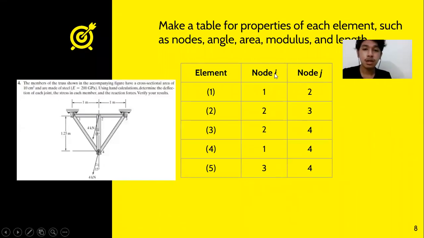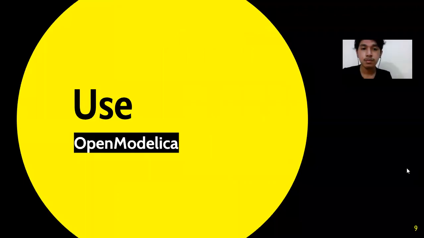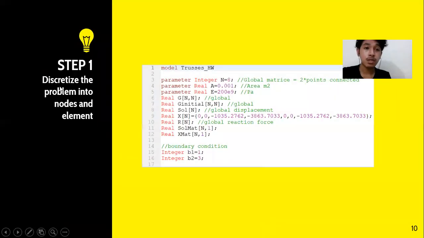So the nodes will be divided into two nodes, which are node I and J. For example, element 1 has node 1 and node 2, element 2 has node 2 and 3, and so on. And then element 5 has node 3 and 4. So yeah, we do this calculation using OpenModelica software. So step 1 is we discretize the problem into nodes and elements.